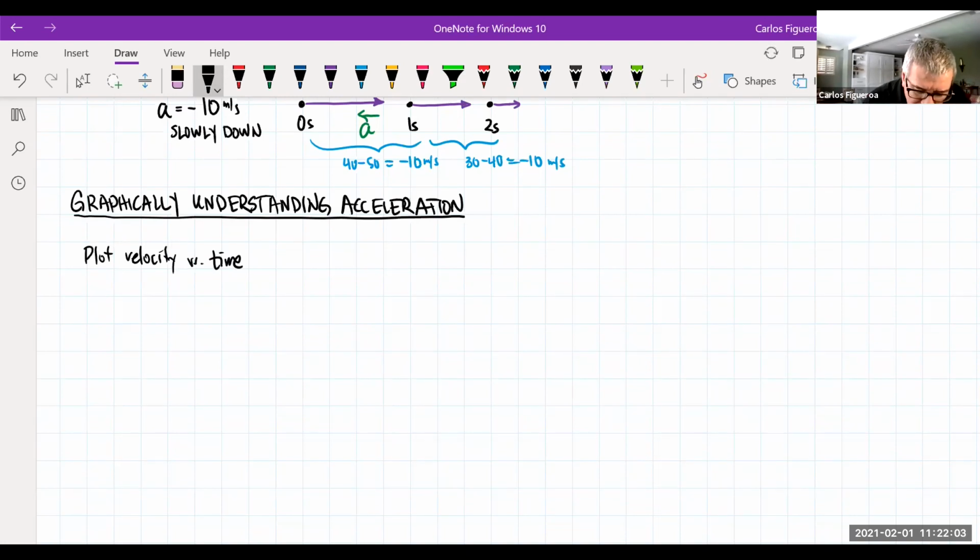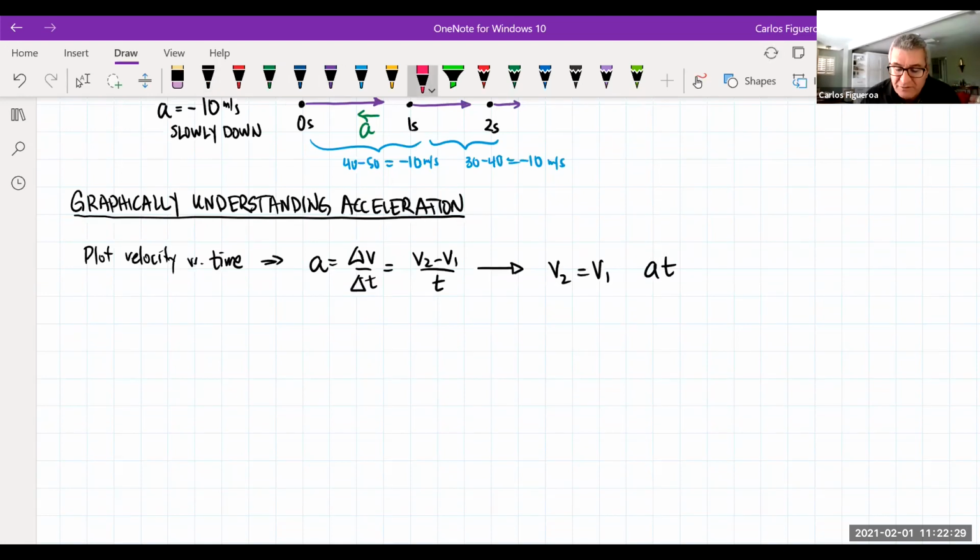And we kind of did this already with position, but check this out. If you follow what we did last time, I can replace the velocity and set one of the times equal to 0. So what this is really telling me here is that I can write V2 equals V1 plus AT, but because we know that we have positive and negative velocity, I can write a plus or minus sign right here.